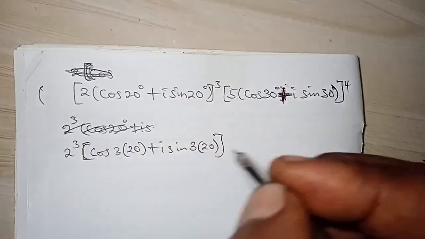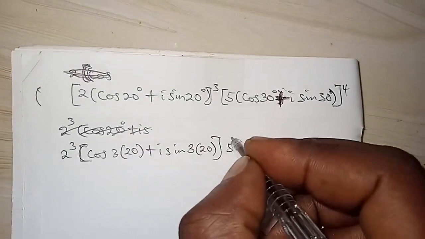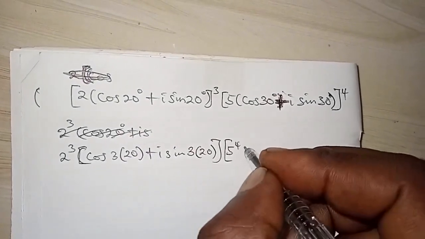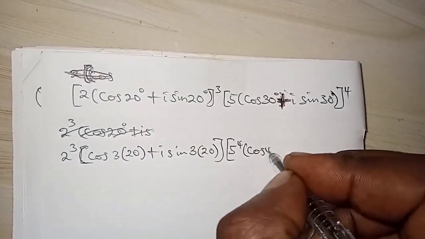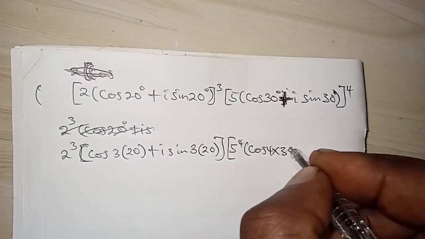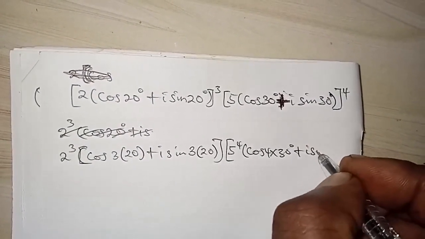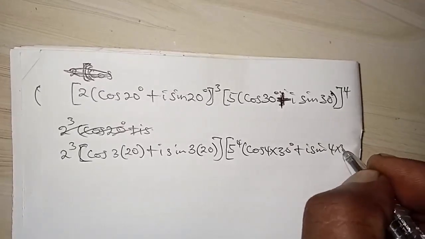That's for this. And here we have 5 raised to power 4 into cos 4 times 30 plus i sine 4 times 30.